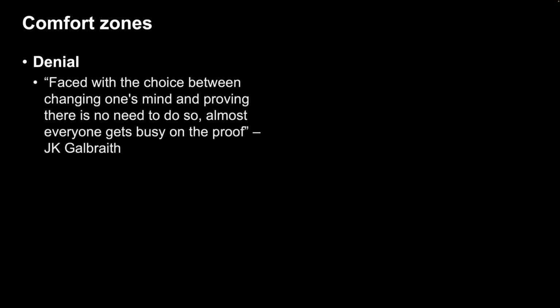This quote here sums up denial pretty well, by a renowned economist, J.K. Galbraith: "Faced with the choice between changing one's mind and proving there is no need to do so, almost everyone gets busy on the proof."